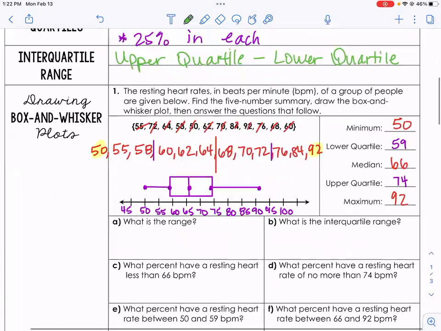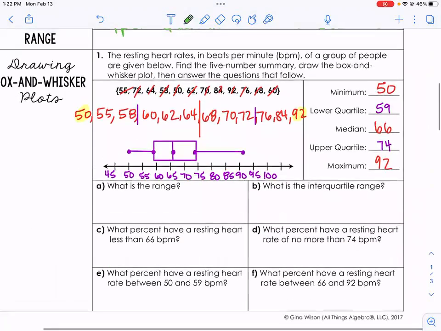All right, so let's come down here. Okay. So in number 1, this is all resting heart rates in beats per minute of a group of people. These people up here, 92 and 84, those are pretty high for a resting heart rate. The range, okay, that's pretty easy to figure out.